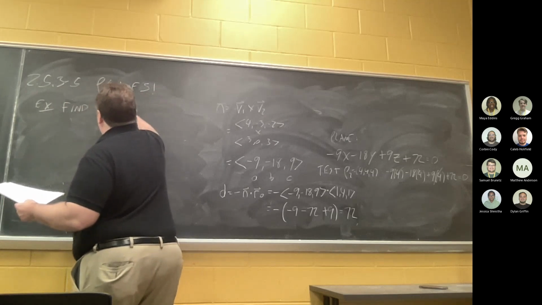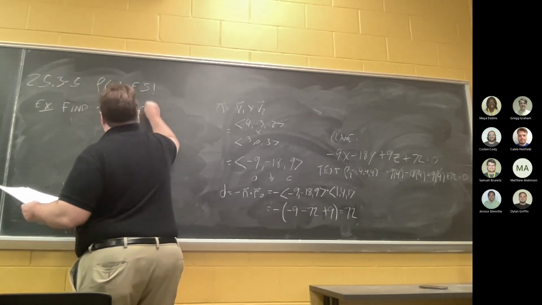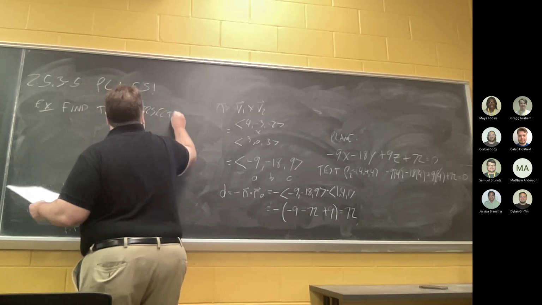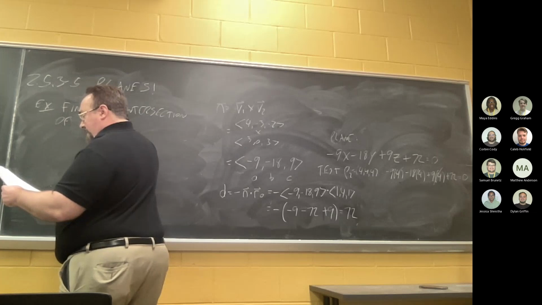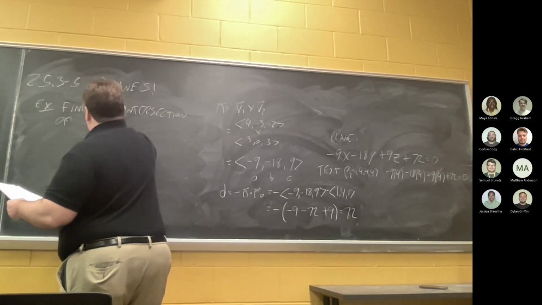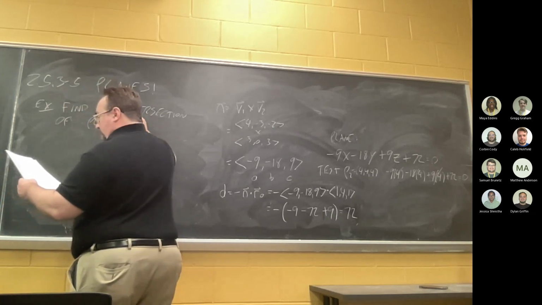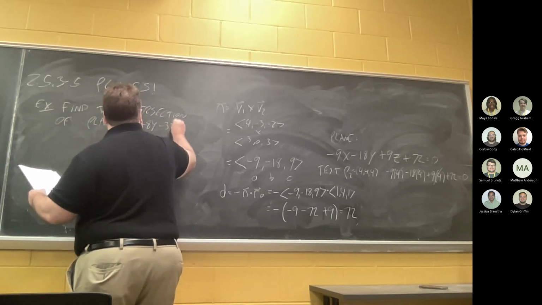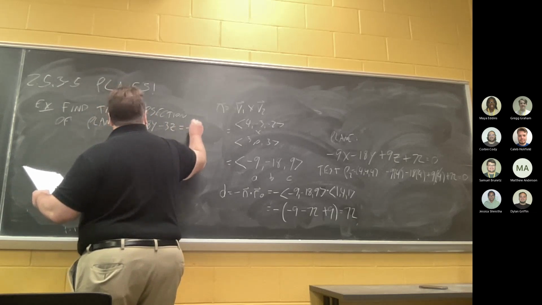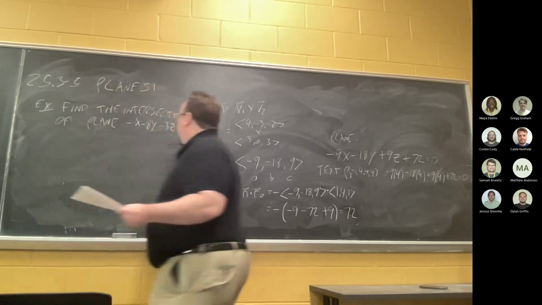So find the intersection of the plane minus x minus 8y minus 3z equals minus 34.